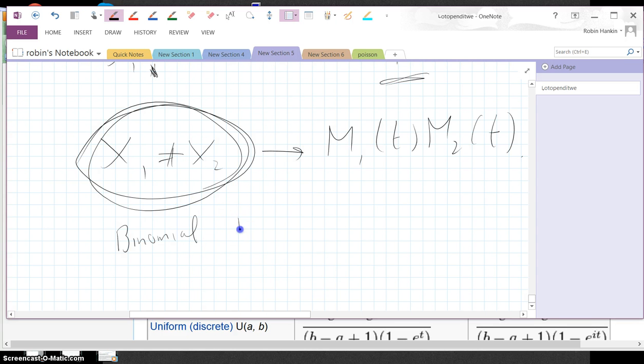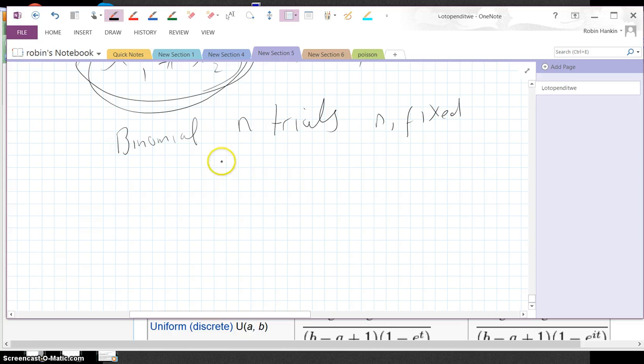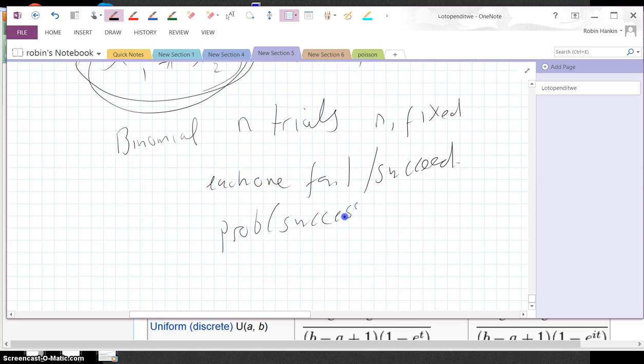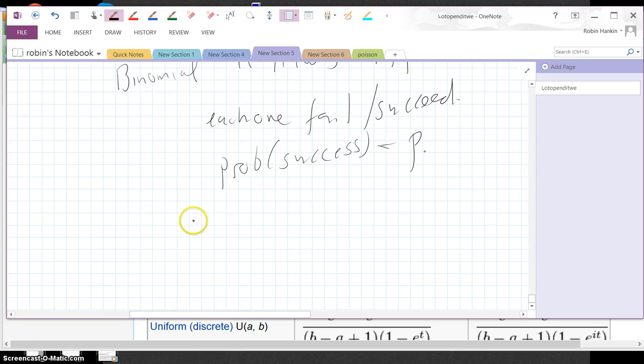You've got n trials where n is fixed, and each one is a fail or a succeed, a Bernoulli trial, where the probability of a success equals p, for probability, and we are going to count the successes.